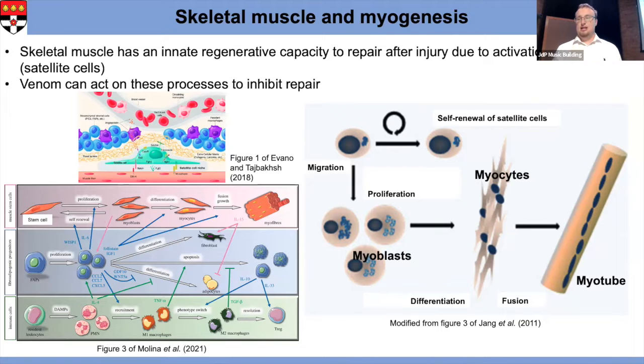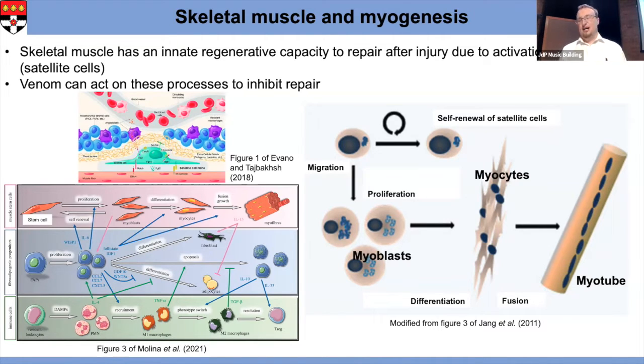Skeletal muscle is produced via myogenesis using stem cells known as satellite cells, which are normally found quiescent under the basement membrane or basal lamina, and these are activated via signaling from fibroadipogenic progenitors.